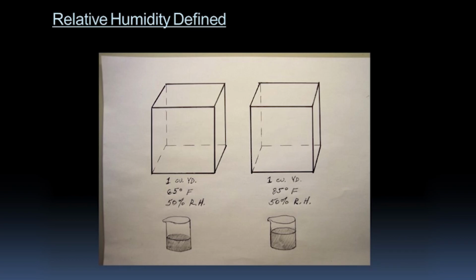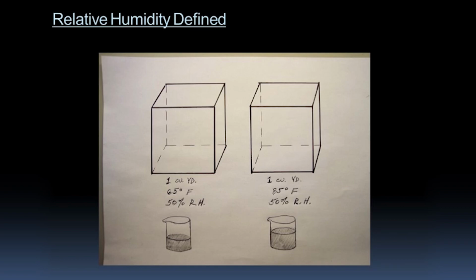Another way of stating that is what you see in this diagram. You've got two equal units of air in terms of volume. The one on the left, let's say, is at 65 degrees. The one on the right is at 85 degrees. Let's say they are both at 50% relative humidity, meaning they contain half the total amount of water vapor that the air in each unit is capable of supporting at its respective temperature.